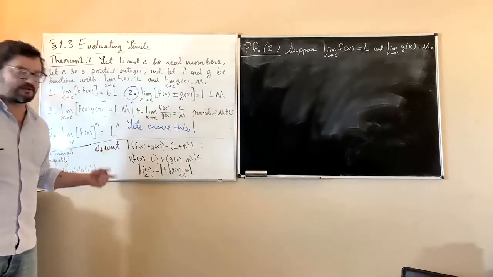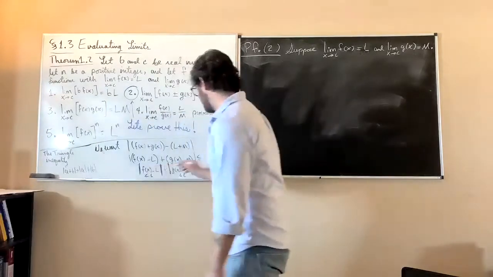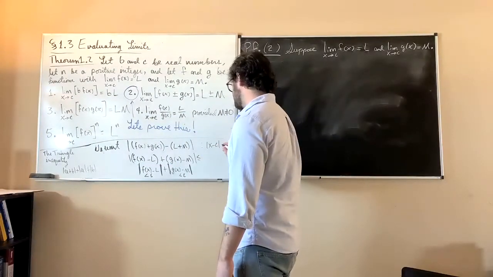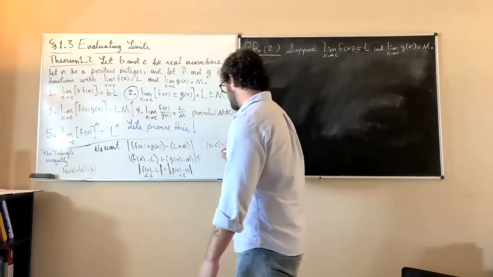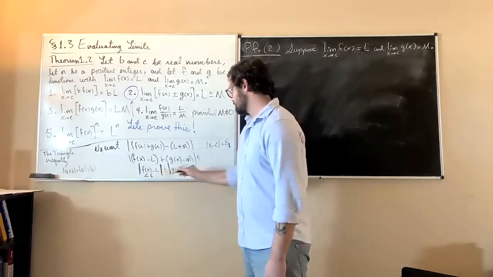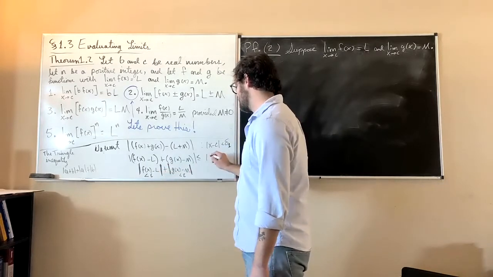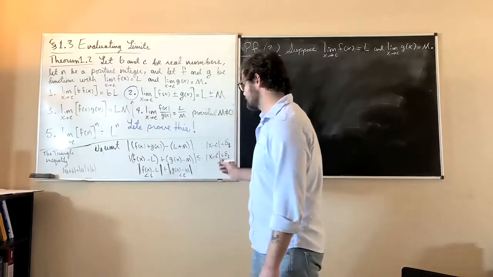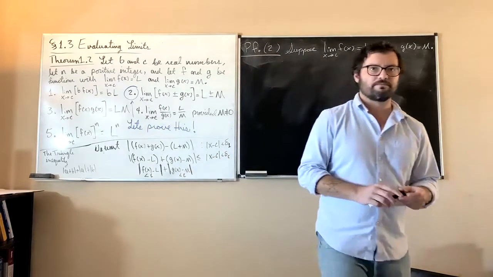So we know if we pick an epsilon, we can find a distance around c, I'll call that delta 1, so that that's true. And then we know for this one, there's a distance around c, I'll call that delta 2, so that that's true.